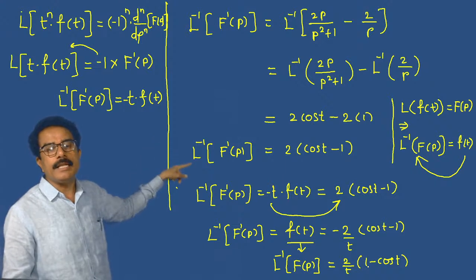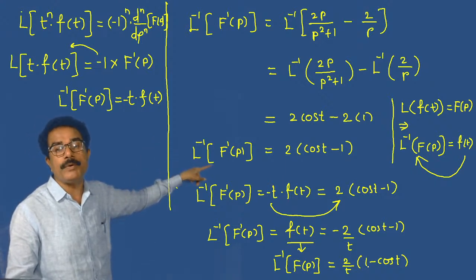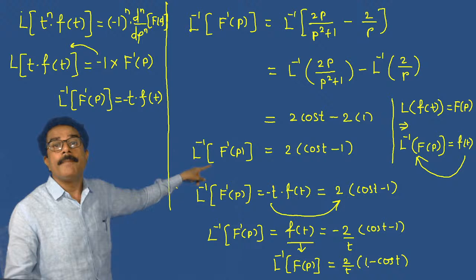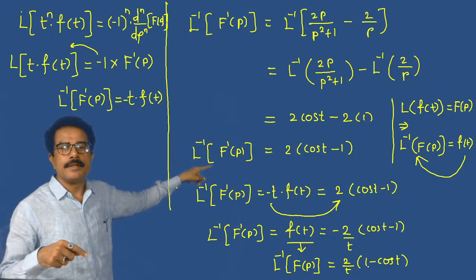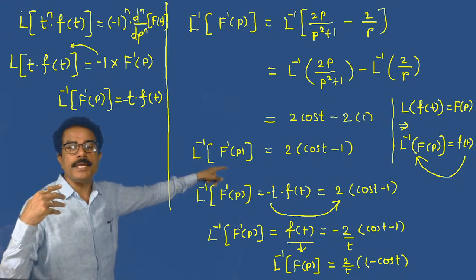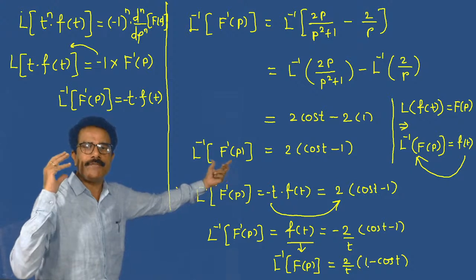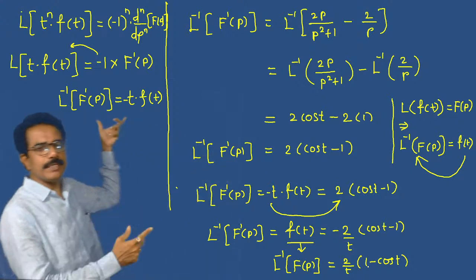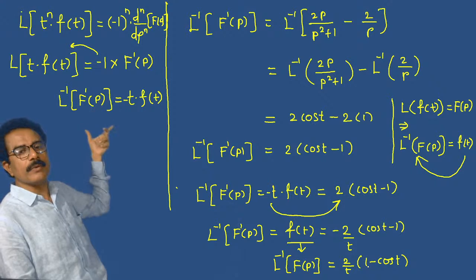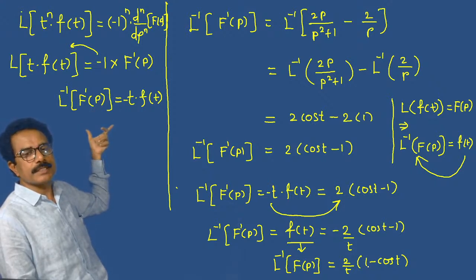Because L inverse of F dash of p we have calculated, but we need L inverse of F of p, so we have to reduce this F dash of p by using this basic transformation.